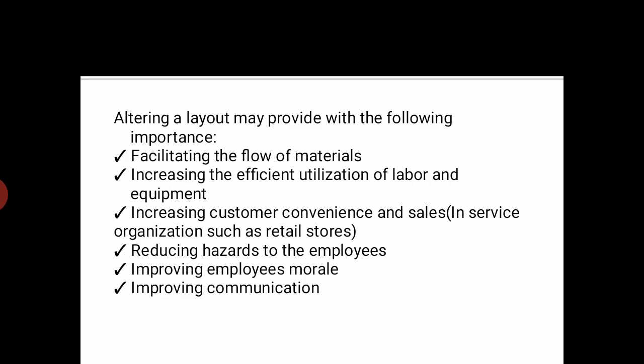There is one point related to existing and the other one is altering, meaning when you want to change the layout: when the change is required, when you want the flow of material to be very easy, when you want to increase the efficient utilization of labor and equipment, when you want customer convenience in the places where services are involved, when you want to reduce the hazards for the employees, when you want to increase the morale, or when you want to communicate properly, these alterations may be done in the layout, right?